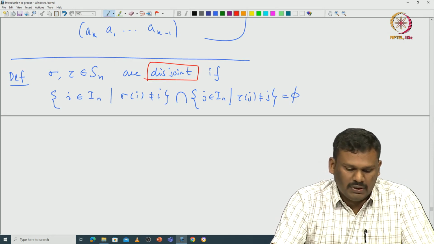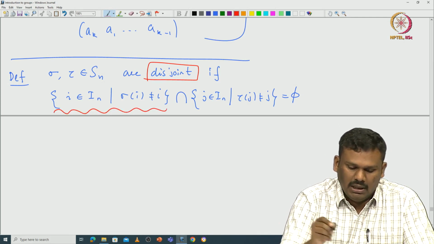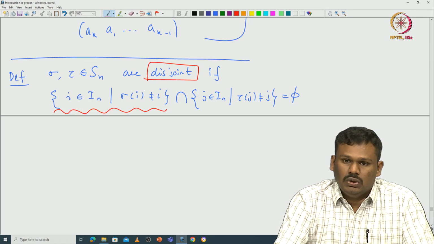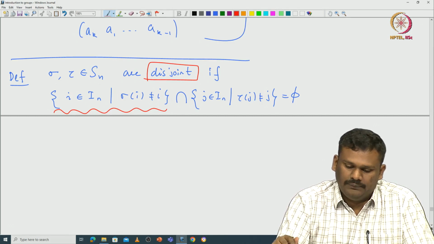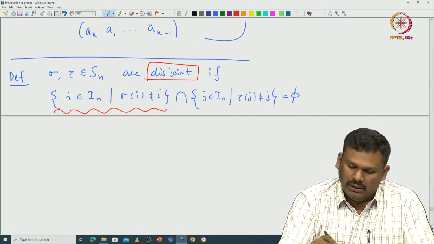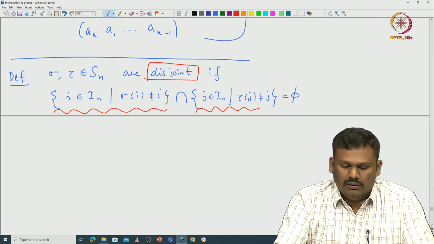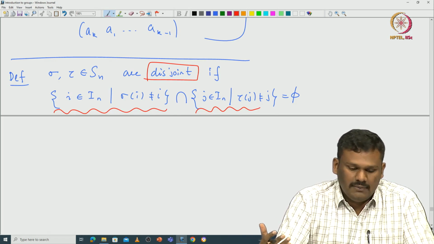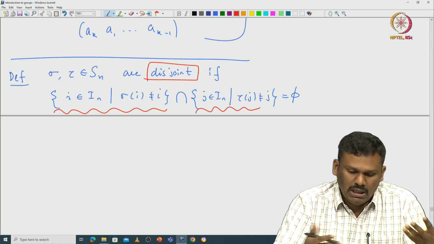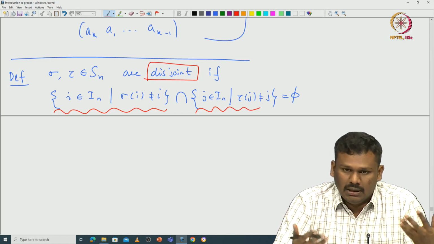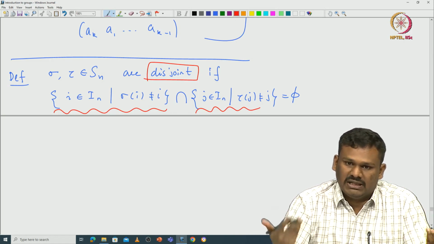A permutation sigma is essentially uniquely determined by the action of sigma on the set of indices not fixed by sigma. Similarly, tau is determined by the action of tau on the set of indices not fixed by tau. Sigma and tau being disjoint means they do not have anything in common, so these two sets must be disjoint, and the action of sigma is very different from the action of tau.